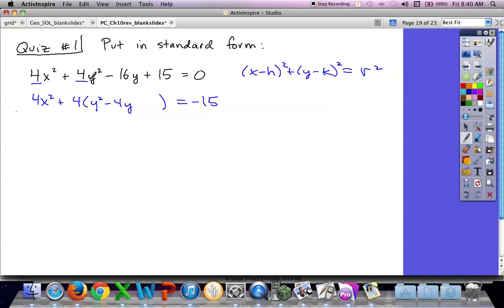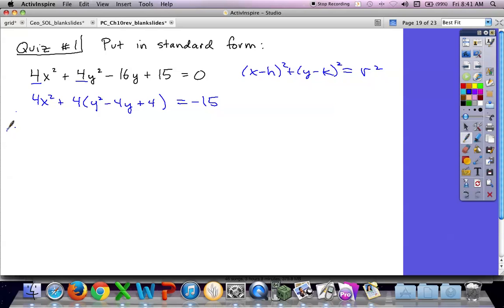Remember, if this number here is not a 1, it has to be factored from the first two terms. Now we're ready to figure out what number we add to complete the square. Positive 4: half of negative 4 is negative 2, and negative 2 squared is positive 4. I think there are still little mistakes made, like putting minus 4 there, which would not be correct.